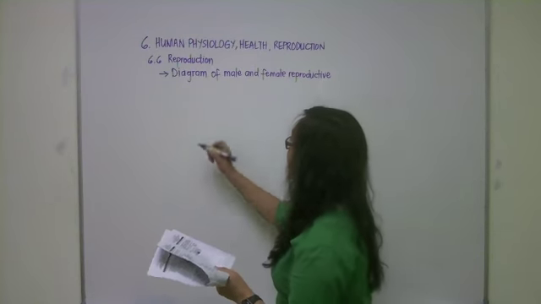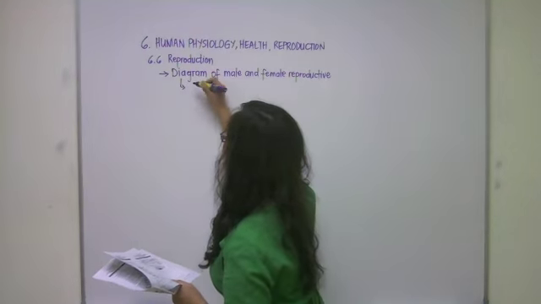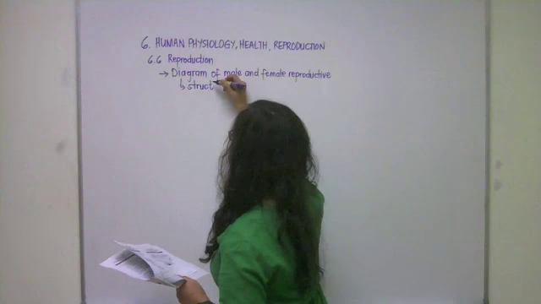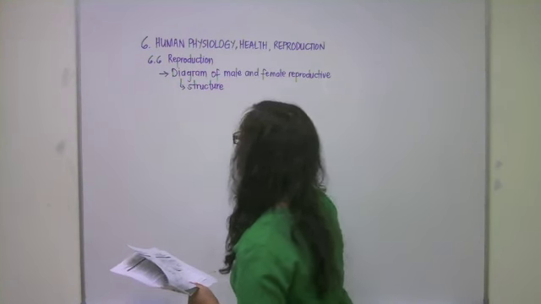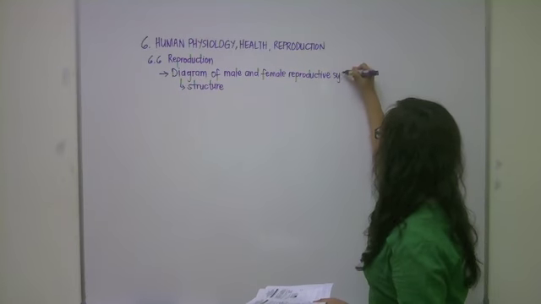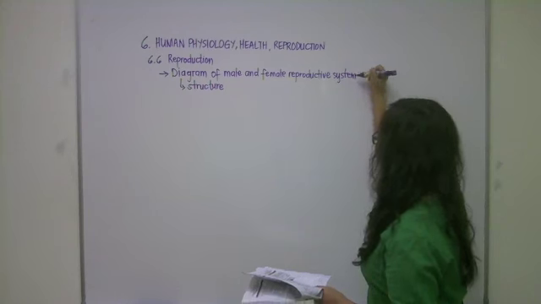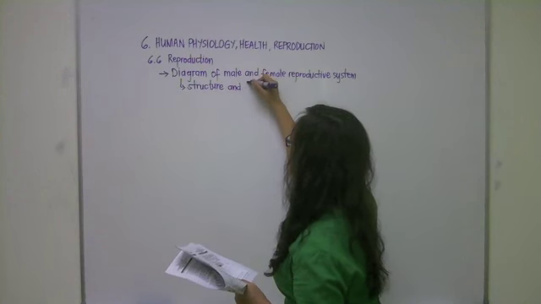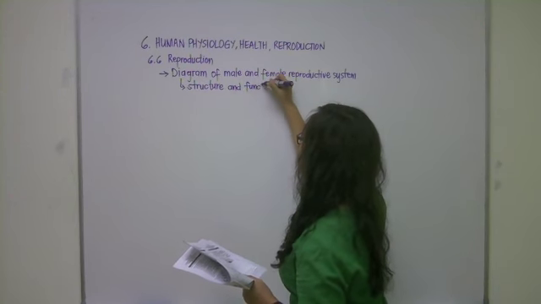Of course, by laying down the diagram, the students should be able to label the structures that are involved in both reproductive systems, and familiarize themselves with the function of each.